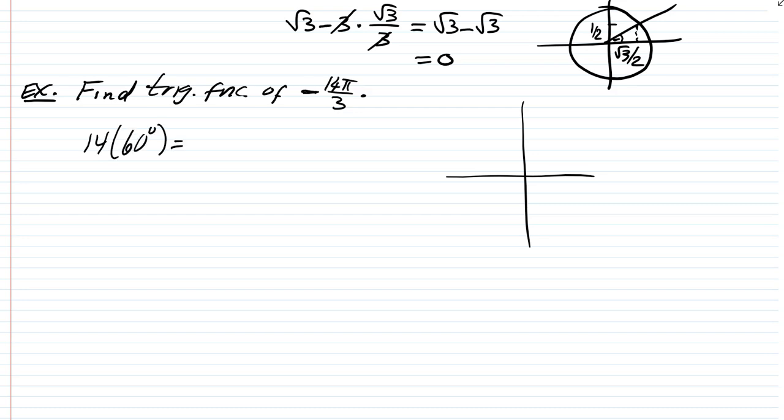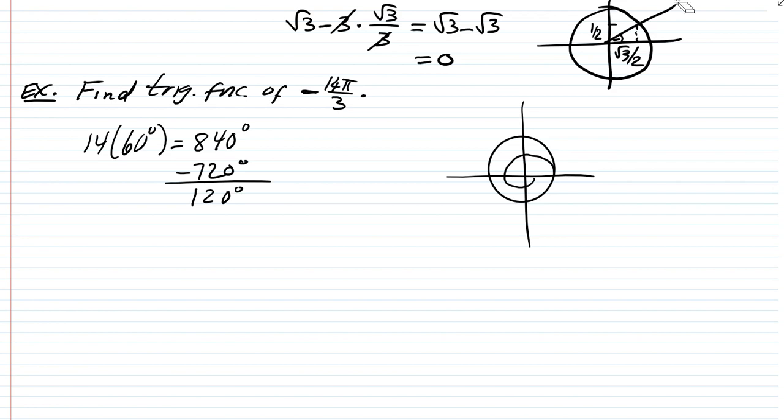Negative just means a clockwise rotation, correct? So this is going to be 840 degrees, right? Remember, a complete rotation around the circle is 360. So here's 360. Another 360 makes it 720. If I subtract 720, which is 2 revolutions, from 840, I get 120 degrees remaining.